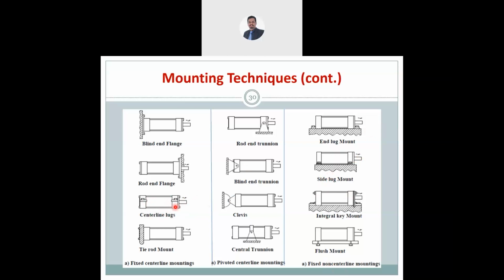Maybe if the surface is at a different place, it can be a fixed centerline. But since the surface is at the bottom, it will be fixed non-centerline. And this is a pivoted centerline. So it has some degree of freedom to move.